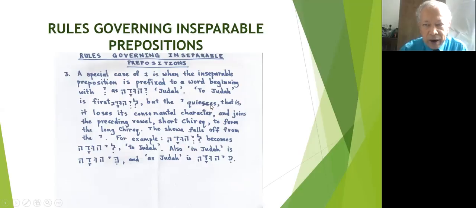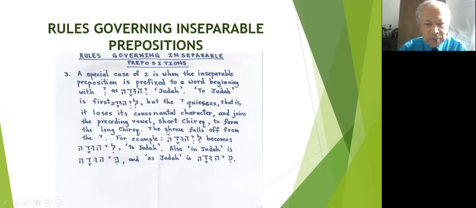Quiesces. That is, it loses its consonantal character, that is the sound of that particular letter, and joins the preceding vowel, short hirik, to form the long hirik. You might be referring to that also.